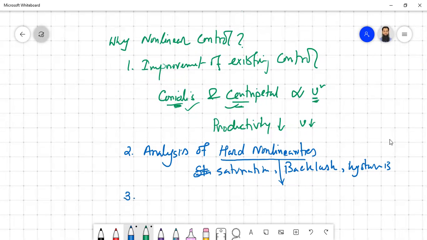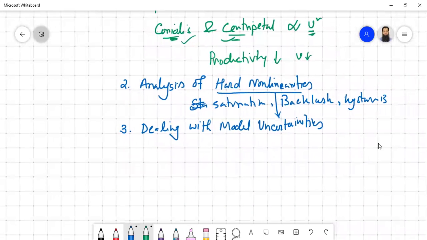Number three is dealing with model uncertainty. Okay, so what does it mean? In a linear control system, we always assume that we know most of the parameters of the system, and based on that the linear controller is designed.